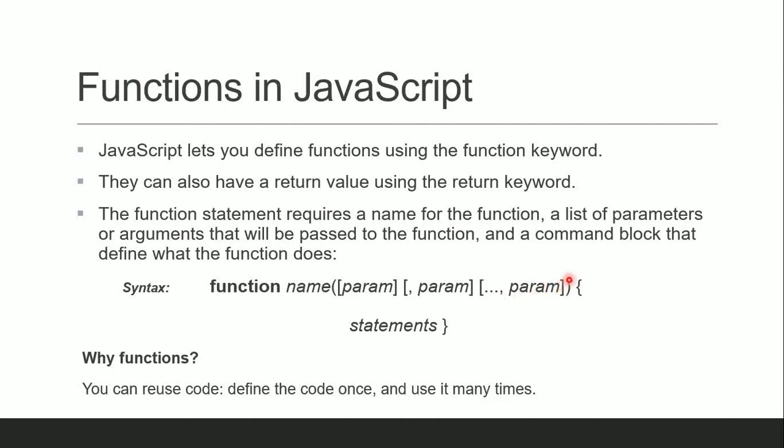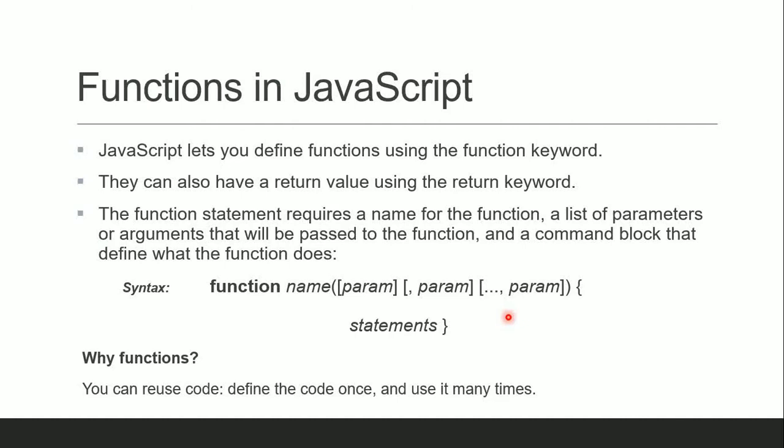And then once you have this parenthesis closed, then you'll have an opening bracket that will enclose all statements that are going to be executed. And after they are executed, the closing bracket will close the function.